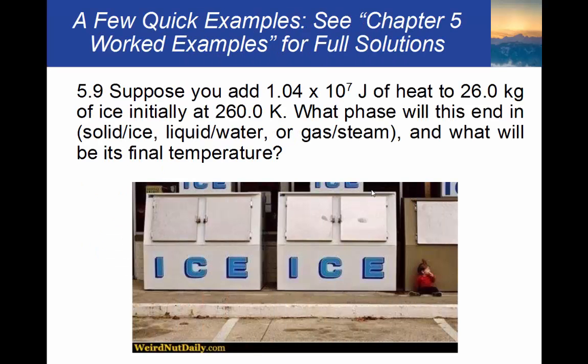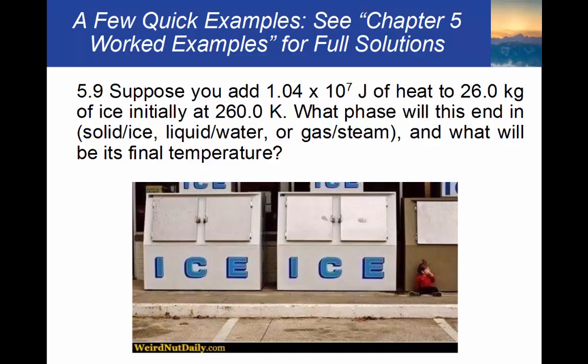So the example itself says, suppose you add some amount of heat to ice, 26 kilograms of ice, which is initially at 260 kelvins temperature. And the question is, what will the phase be of the ice? In other words, will it still be a solid ice? Will it have melted to form water, or will it have melted and then boiled and vaporized to form steam?